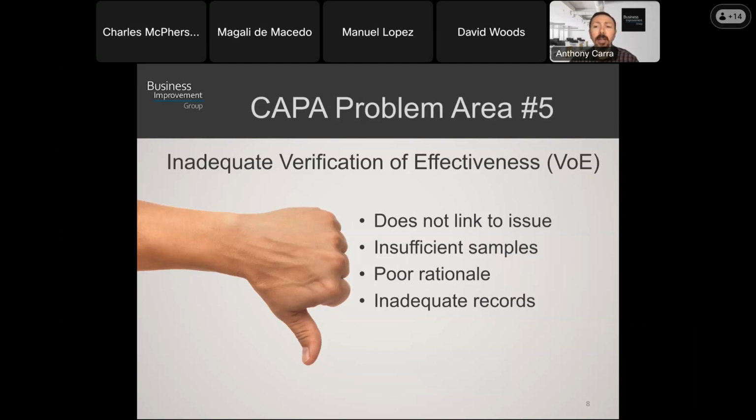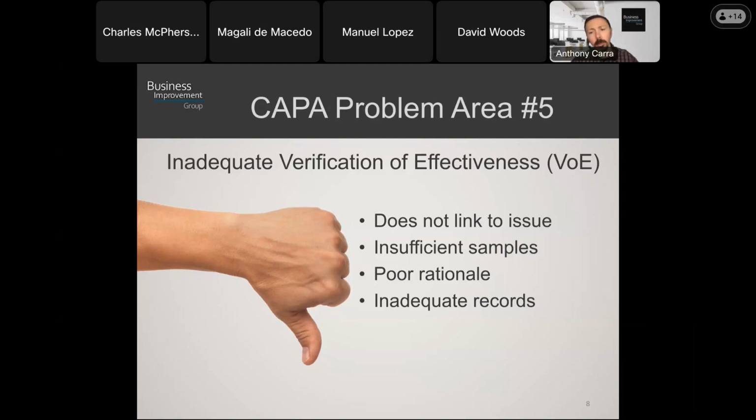And then inadequate records, meaning the documentation of it. We said before, if it wasn't documented, it didn't happen. Very often we're finding that when auditors come in and they're looking for objective evidence of the execution of the effectiveness check to demonstrate that the CAPA was effective, that documentation of the record is often lacking or sometimes missing.